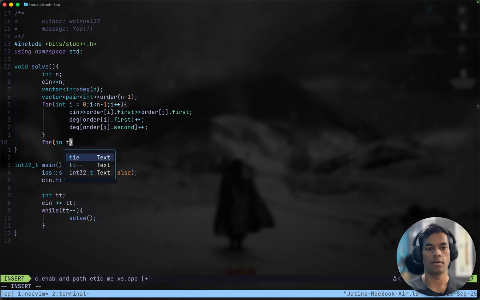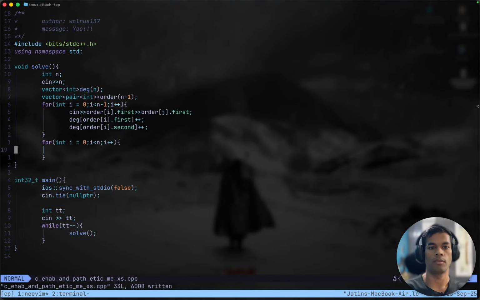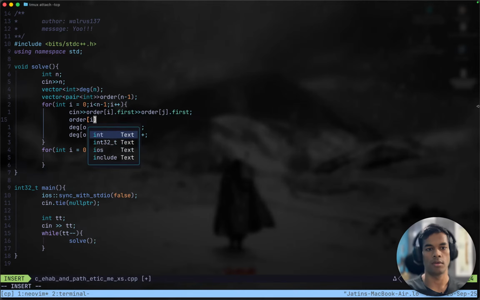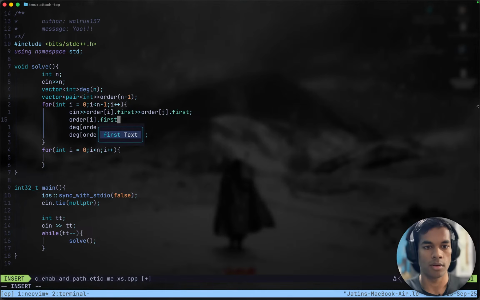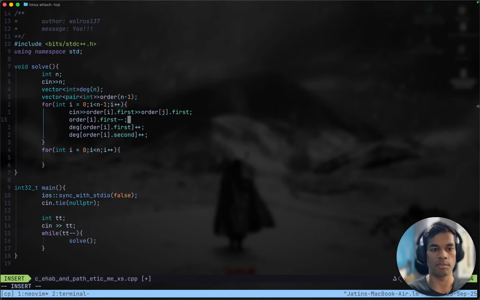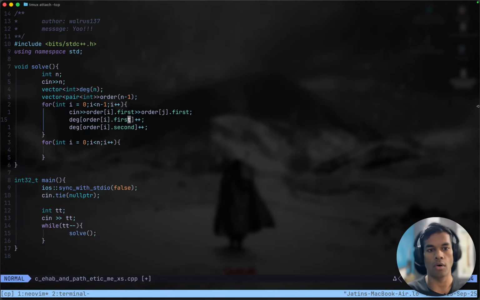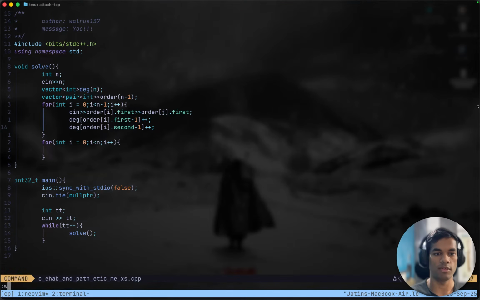For int i equals 0, i less than n, i plus plus, we are going to go through all the nodes. And we will subtract 1 from the first vertex and the second one, because these vertices are given to us in one index, and we want them to be 0 indexed.